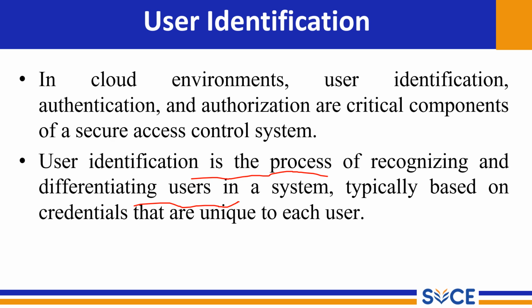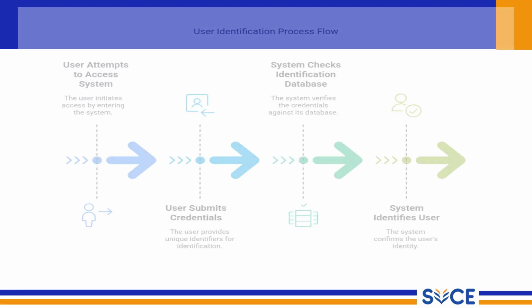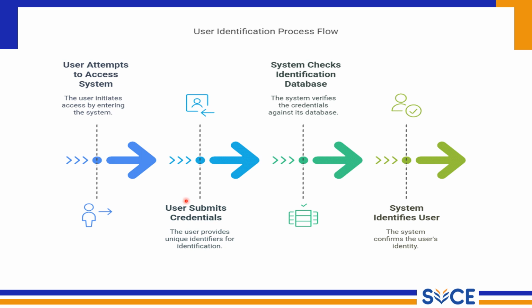Here you can see a demo process. The user attempts to access the system. The user initiates the access by entering a username or password. The user submits the credentials, providing a unique identifier for identification, and the system checks the identification database, verifying the credentials against the data stored in the particular database.